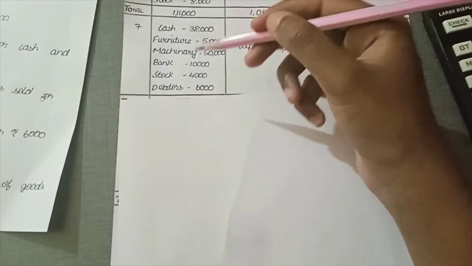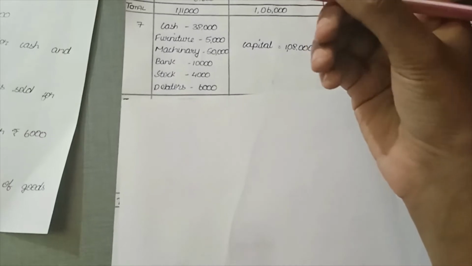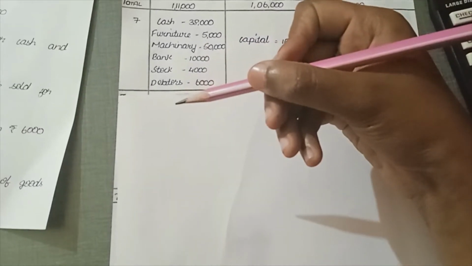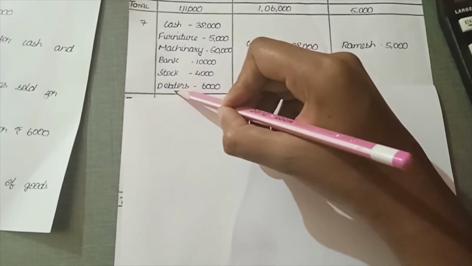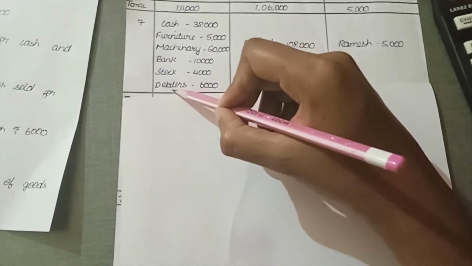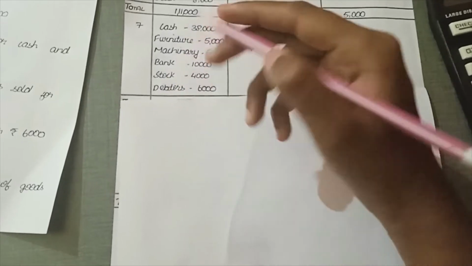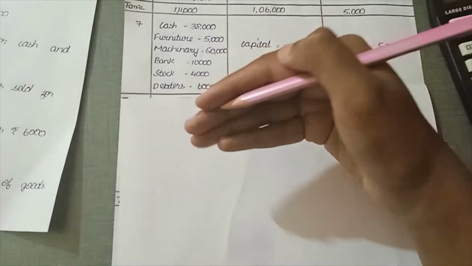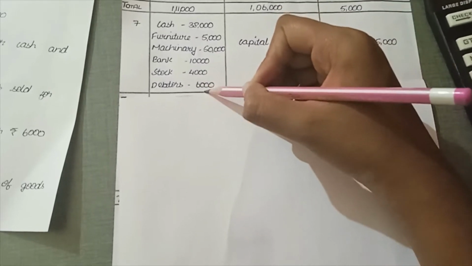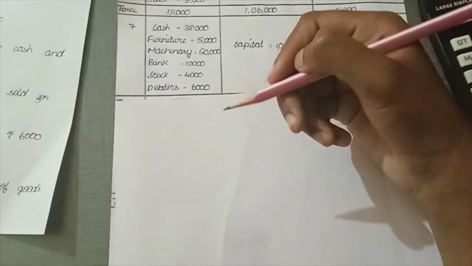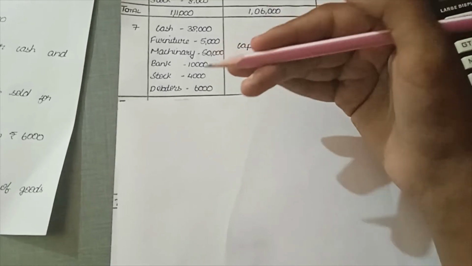So we have sold 4,000 rupees of stock, and the balance of the stock account would be 4,000 rupees. Then Sanjay would become our debtor. Debtors are those who have to give cash to us, so he becomes the debtor. He has to give us 6,000 rupees.